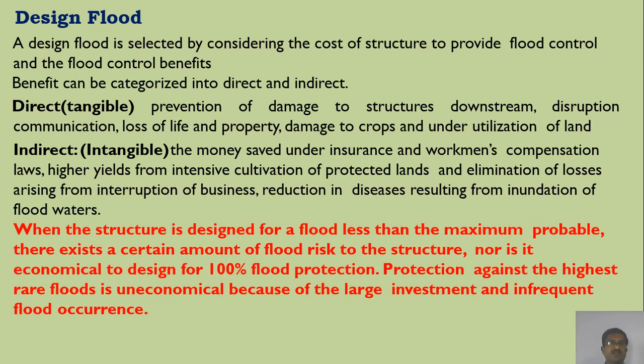Indirect and intangible benefits: the money saved under insurance, the workmen's compensation laws, higher yields from intensive cultivation of protected lands, and elimination of losses arising from interruption of business, reduction in the diseases resulting from the inundation of flood waters.